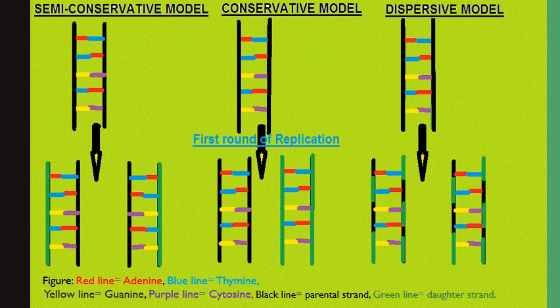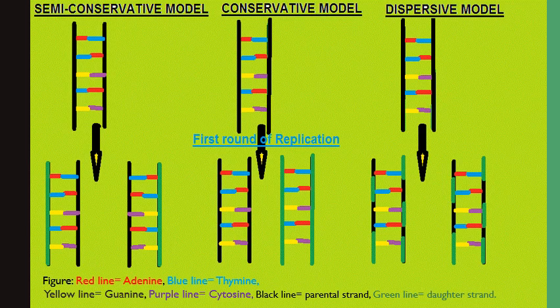So here is the comparison. In the semi-conservative model, one parental strand is intact and a new strand is formed in the daughter DNA molecules. In the conservative model, we say the parental DNA remains completely intact and a new daughter DNA molecule is formed.